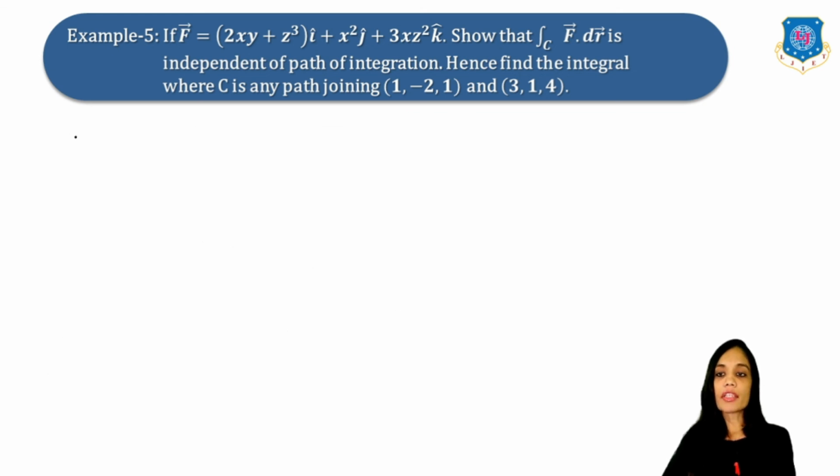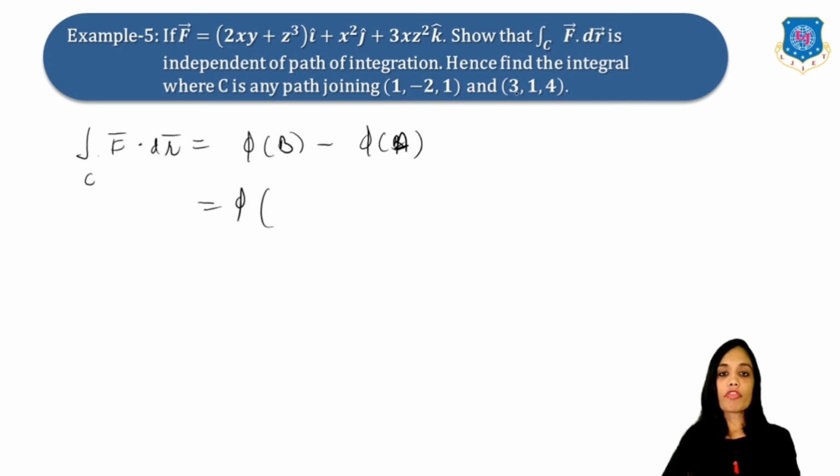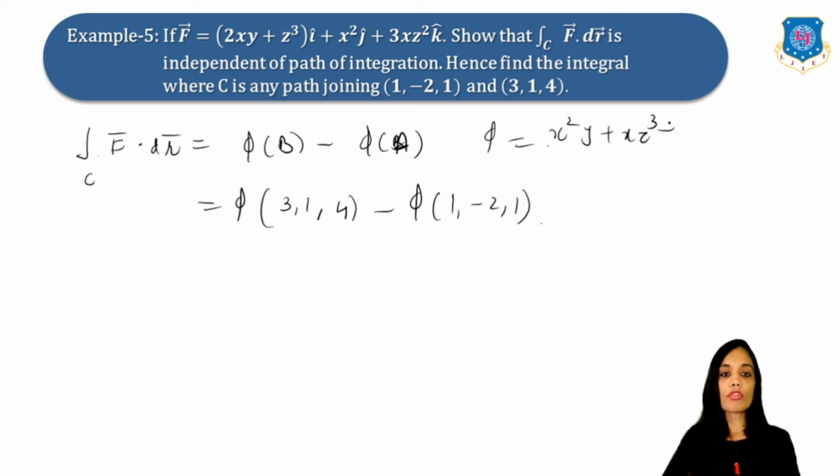Now we have to find the line integral over C of f bar dot dr bar. It will be equal to phi of B minus phi of A, because our integral is path independent. Now our value of B is (3, 1, 4) and the value of A is (1, −2, 1), and the answer is x^2 y plus xz^3 plus c.